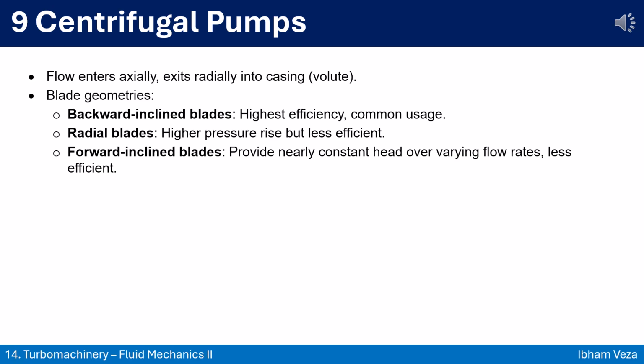However, they tend to be less efficient and are less commonly used. Their main advantage is stability in systems where demand varies significantly. Understanding the differences between these blade geometries allows engineers to make informed decisions, balancing pressure, efficiency, and operational range based on what the system truly needs.